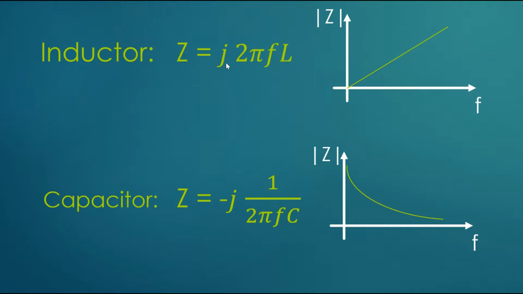And there's a J, and that simply is a complex number realization of the fact that an inductor's impedance is not a real valued impedance, it is complex. What that means is the current and the voltage are out of phase. Notice on the inductor, the impedance goes up with frequency. That's the primary thing. On a capacitor, the impedance goes down with frequency, and that's because F is in the denominator.